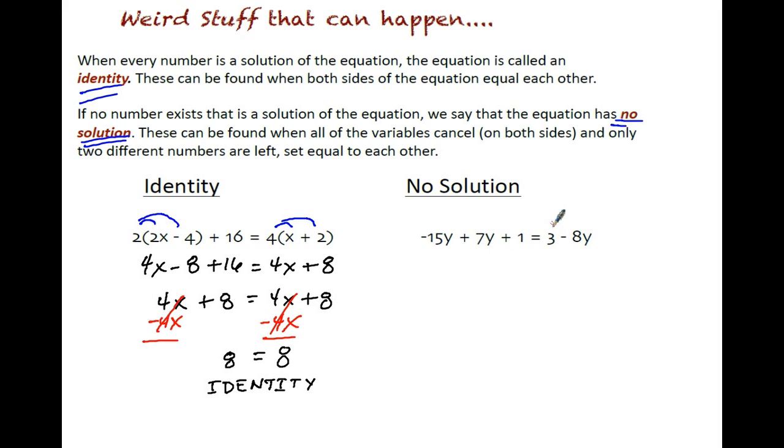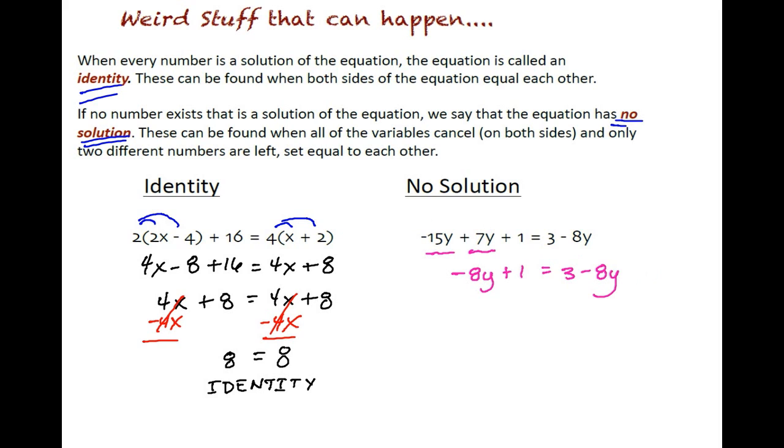So let's see here. We have negative 15y plus 7y plus 1 equals 3 minus 8y. So we're going to combine these terms. Negative 15y plus 7y is going to give us a negative 8y. Bring down the 1. We have 3 minus 8y. And so we want to choose the smaller of the two terms.